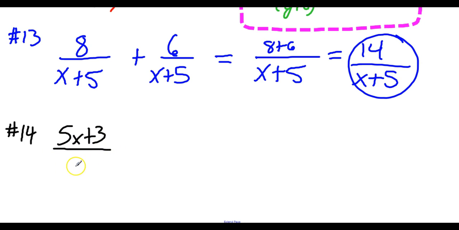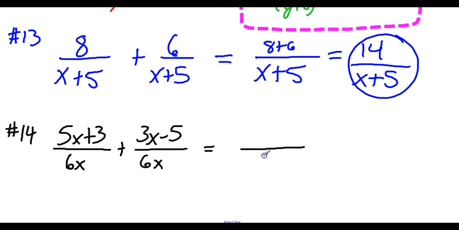All right, let's give you one more like that. So let's go 5x plus 3 over 6x, and then plus 3x minus 5 over 6x. Okay, I already have a common denominator, 6x, so nothing to do with that one.